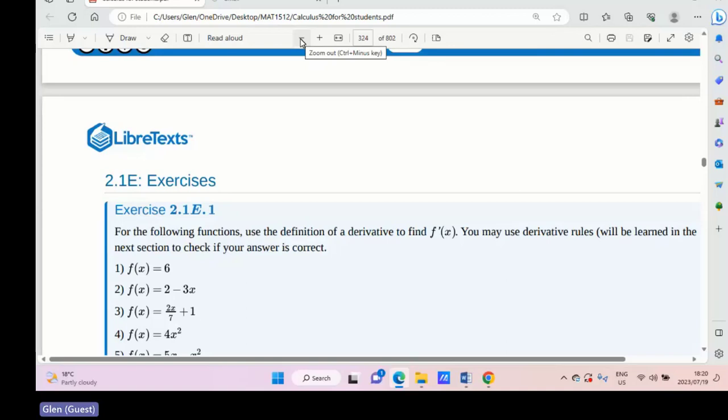Let's now focus on the part that says, for the following functions, use the definition of the derivative to find the derivative of f at x. The definition of the derivative, that's what you want to know. Is it the first principle? That's the definition.